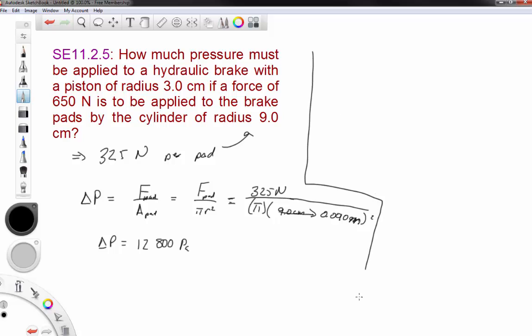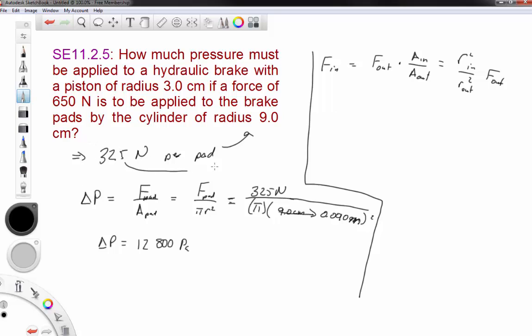So how much force do we have to apply to this piston with this radius in order for that to happen? Well, we could recalculate all of this, or we could use the mechanical advantage, which means that F in needs to be F out times area in over area out. And that's going to be radius squared in over radius squared out, times the force out.